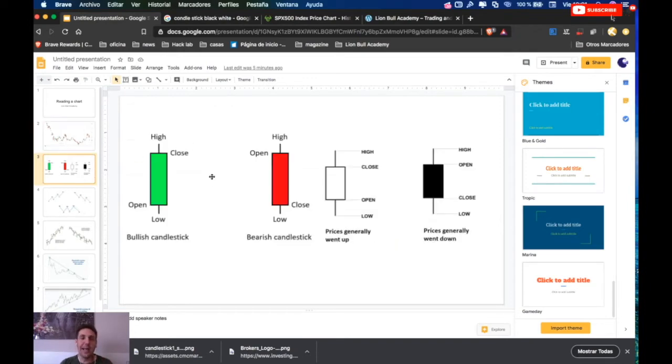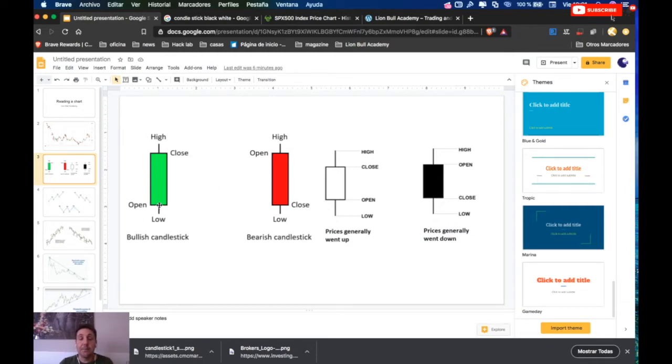Let's continue explaining. For a green candle, we just need an open price. It means that in a determinate period of time, like just now, in this moment the market opens and the price starts moving. The first position of the price is the open position.